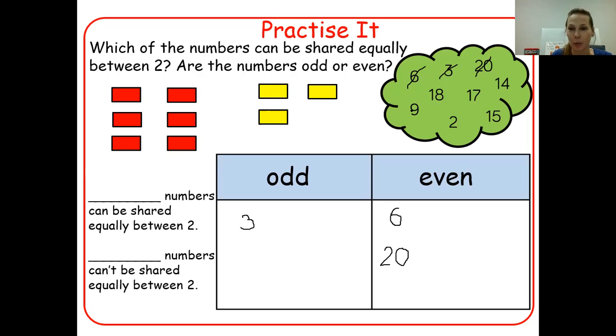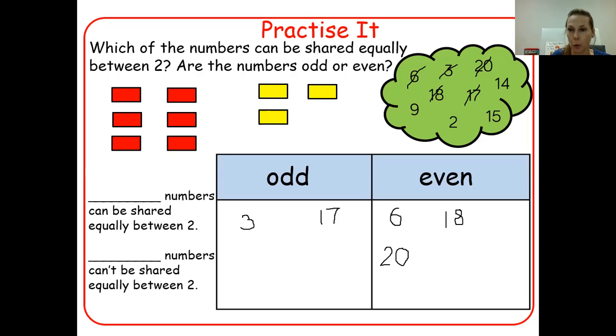Okay, and then we move on to 18, and I know that 18 is also an even number, and if you shared those out, you would end up with 9 in each group. Okay, then we've got 17. Now I know that 17 is an odd number. Okay, and if you shared that one out, you would have 1 left over.